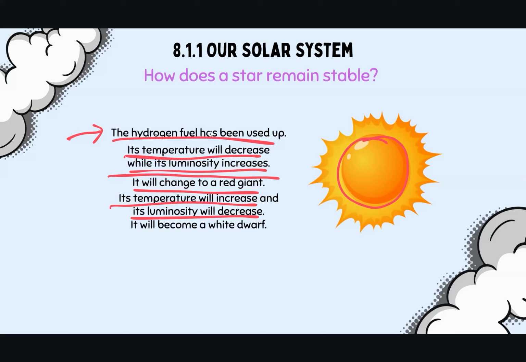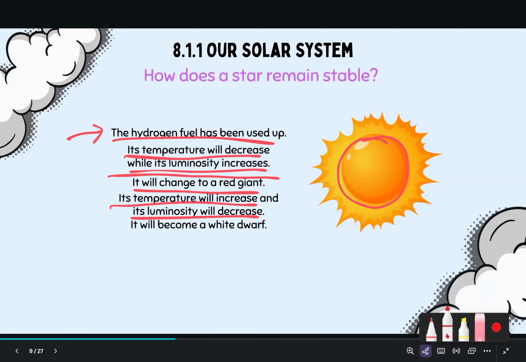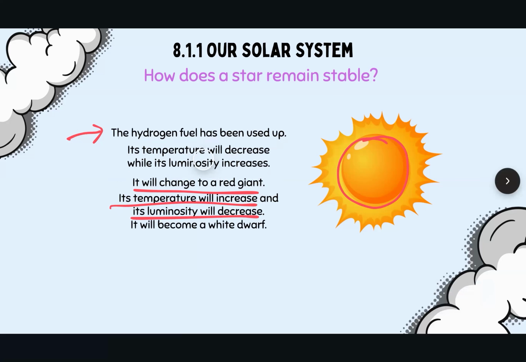So when the hydrogen fuel is used up, the temperature decreases, but luminosity increases. At that point, it's a red giant. Then the temperature starts increasing and the luminosity decreases. At that point, it becomes a white dwarf.